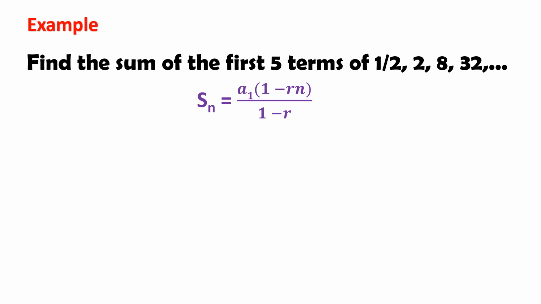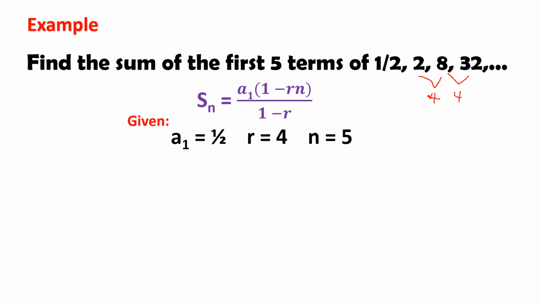First, we are going to identify what are the given. From the problem, our first term is 1 half. The r is 4, because 2 times 4 is 8, and 8 times 4 is equal to 32.